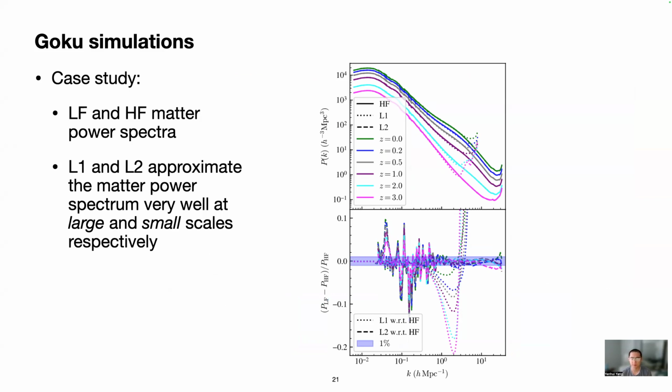If we see the plot on the right-hand side, the dashed lines are relative differences between L2 and HF, and the dotted lines are L1 with respect to HF. We see that the low fidelity spectra are very close to the high fidelity ones, and the differences are within 1% over their dedicated scales.